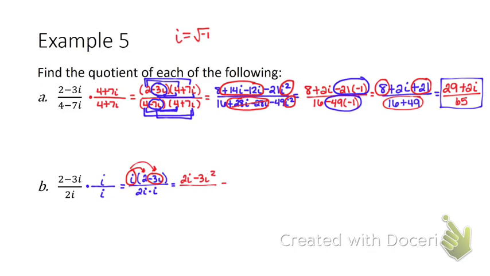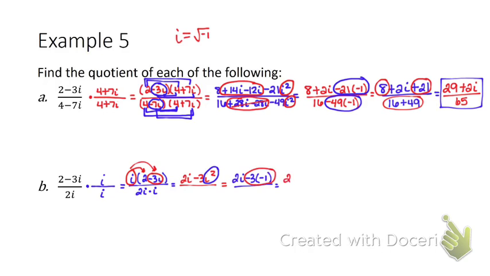All right, I'm going to keep going on top like I did earlier. So the only thing I can do is what on top? Yeah, the i squared, right? So we have 2i minus 3 times, what is i squared? And then we can multiply.